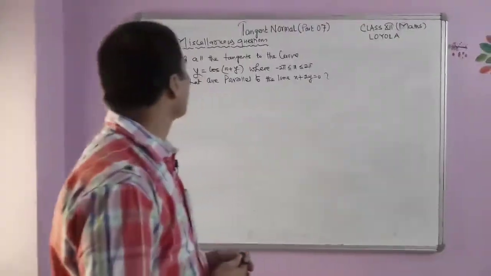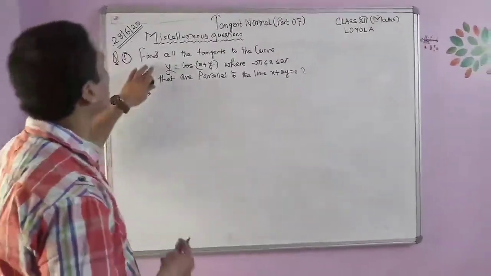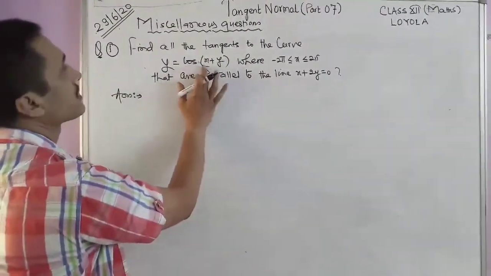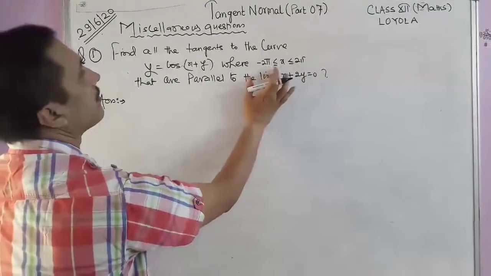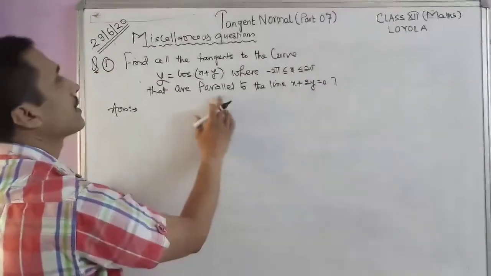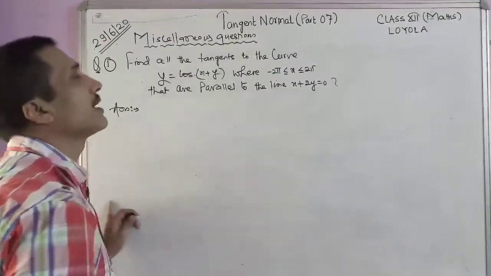The first one is: find all the tangents to the curve y equal to cos of (x plus y), where x lies between minus 2 pi and 2 pi, that are parallel to the line x plus 2y equal to 0.